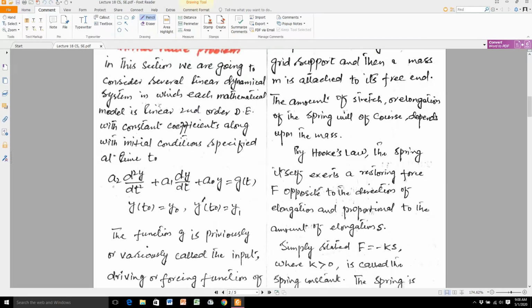Same is the case here. The spring exerts a restoring force F opposite to the direction of the elongation and proportional to the amount of elongation, and it is represented by S.